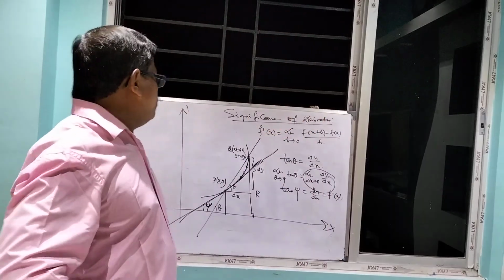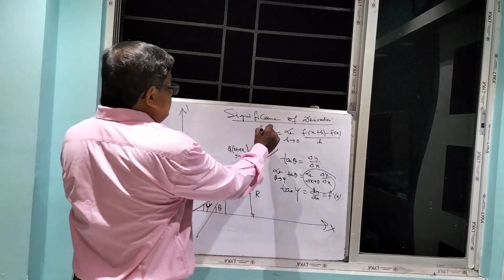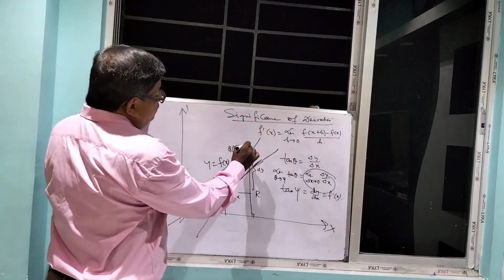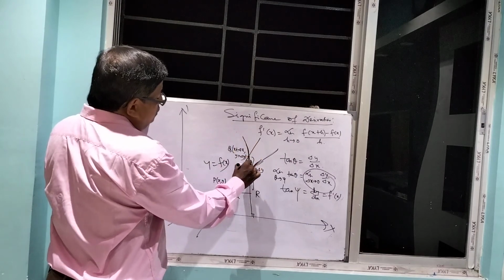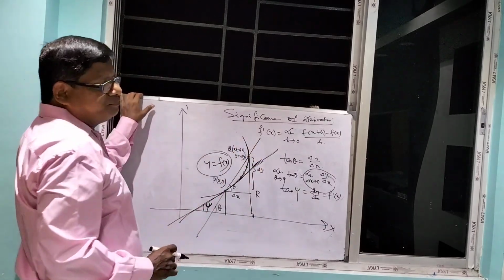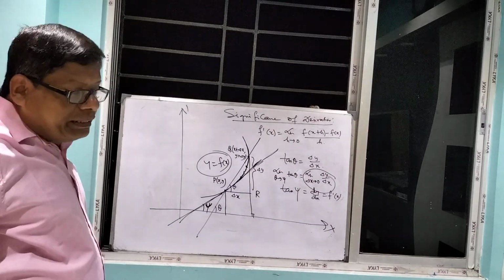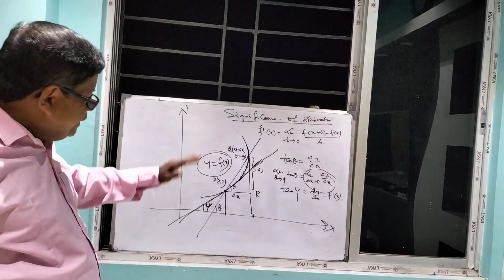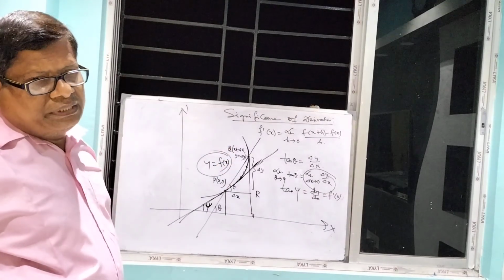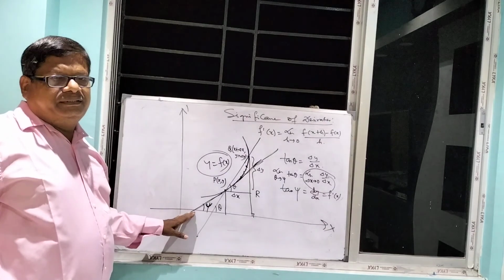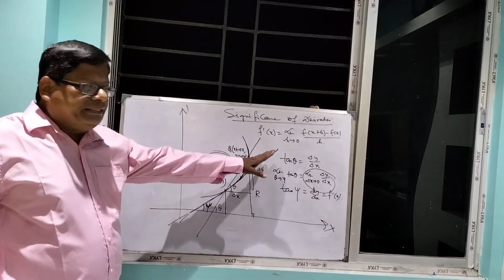The function y equal to f of x is given. The derivative of the function represents the gradient of the tangent line AB.